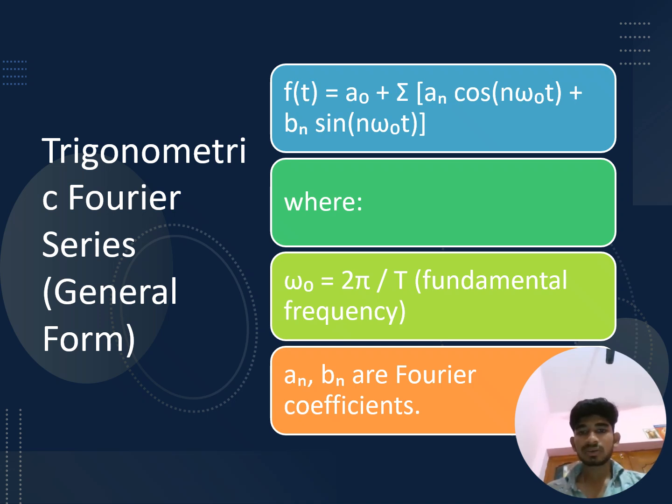Here, omega naught is equal to 2 pi by T, that is the fundamental frequency. This representation is extremely useful because sine and cosine are simple to work with mathematically.